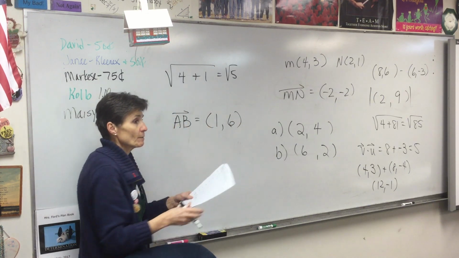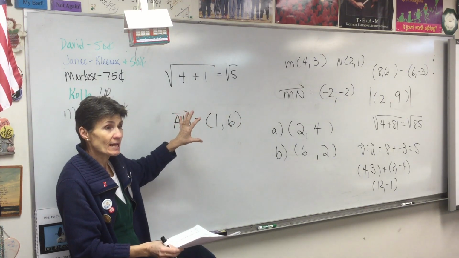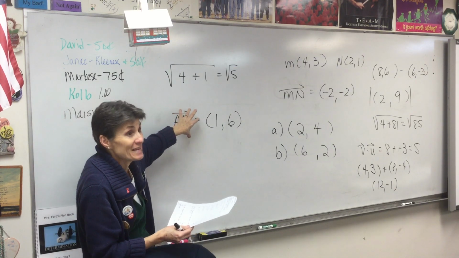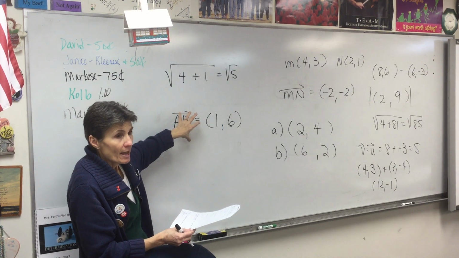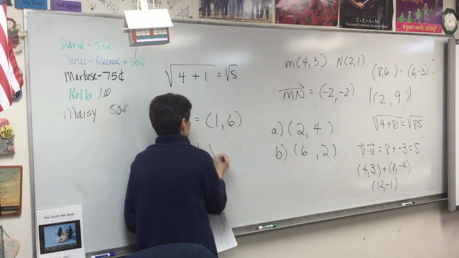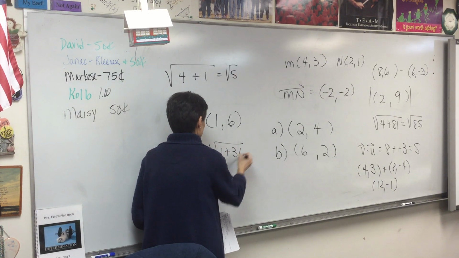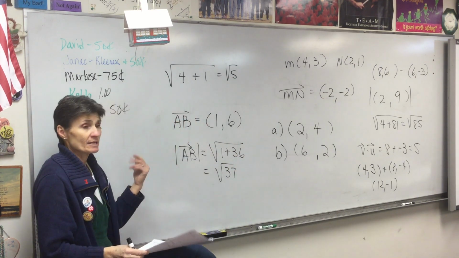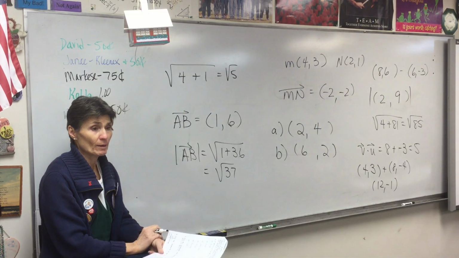So there are the components. So everybody understands that on the test, this is what goes in the component blank. And then the magnitude of that is the square root of 37. Which again doesn't break down, so we're just going to stop right there.